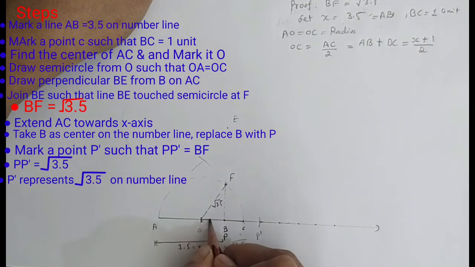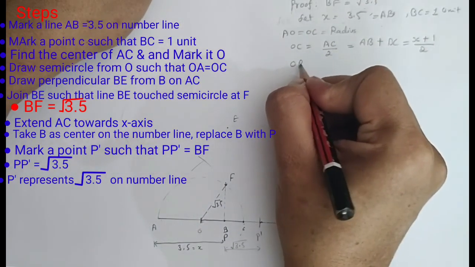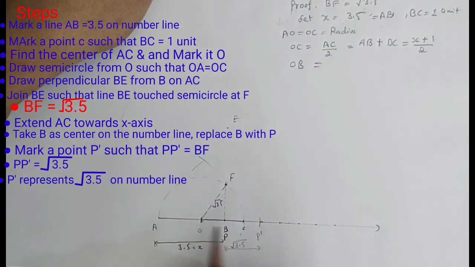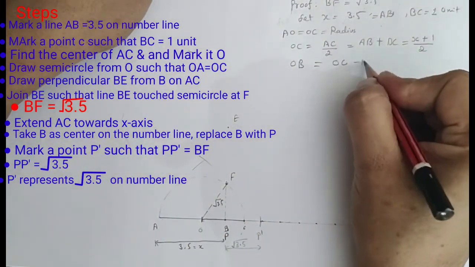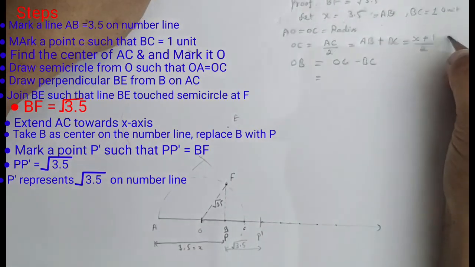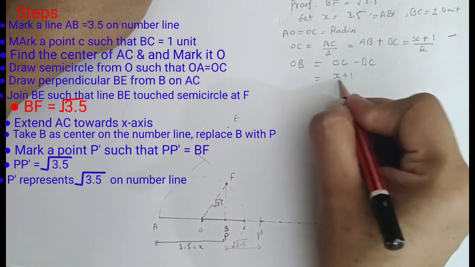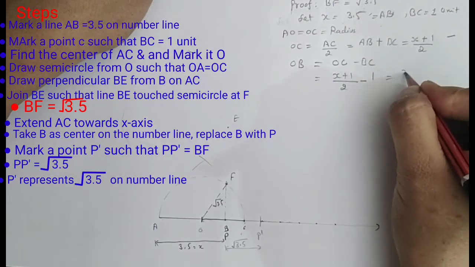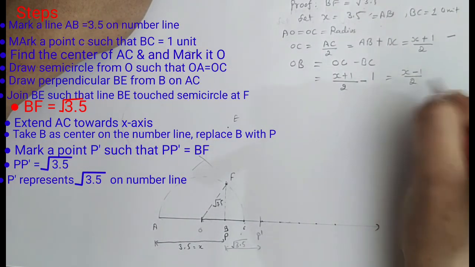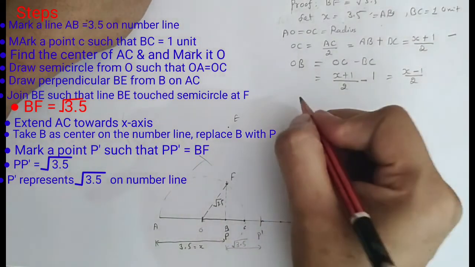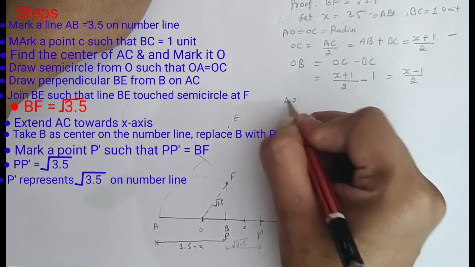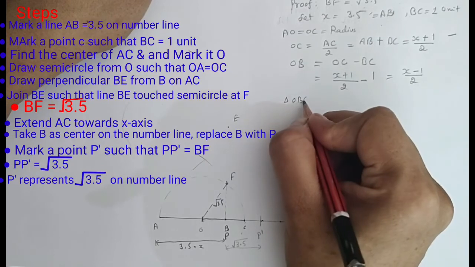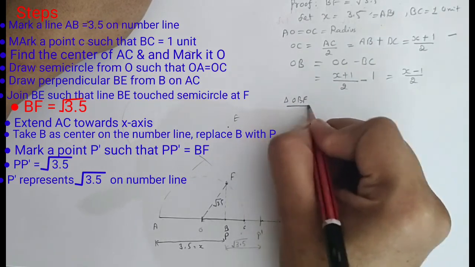Now we can find OB also, and OB will be equal to OC minus BC. OC we have found, x plus 1 divided by 2, minus BC, which is 1. So this will become equal to x minus 1 divided by 2. Now we know that triangle OBF is a right angle triangle.